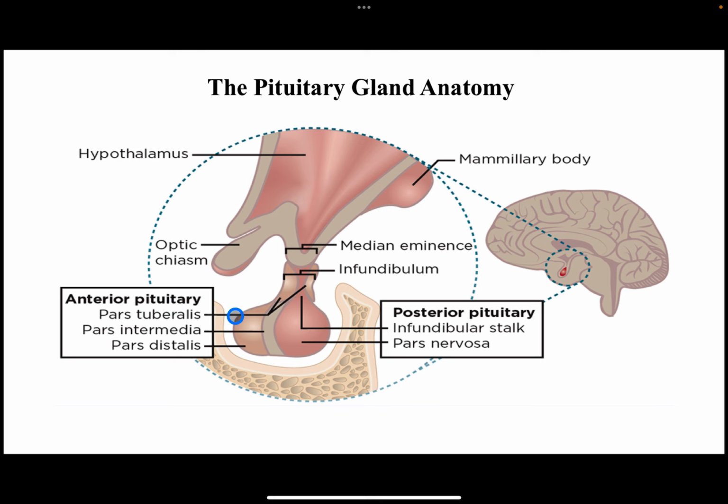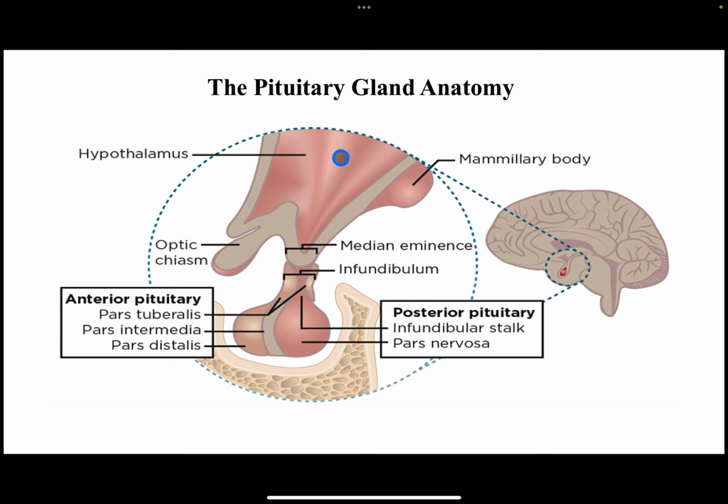So now you know the parts of the anterior pituitary. They are the pars tuberalis, which is just this part right after the infundibulum, and then the pars intermedia, the region between the anterior and posterior pituitary. Then the pars distalis, the main body of the anterior pituitary.